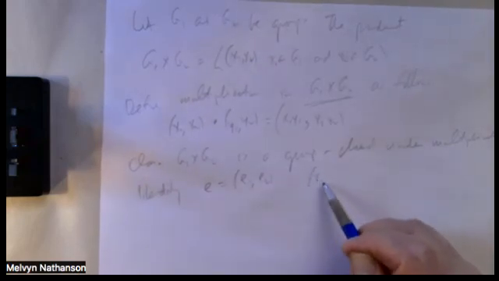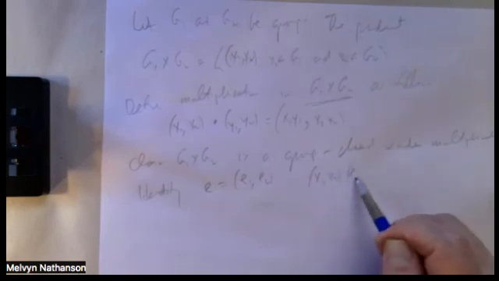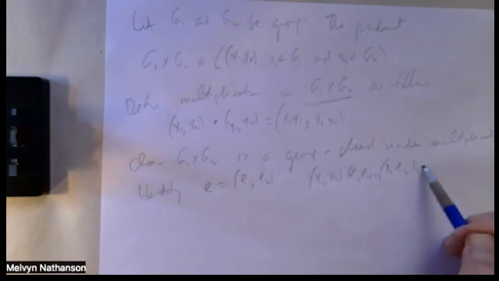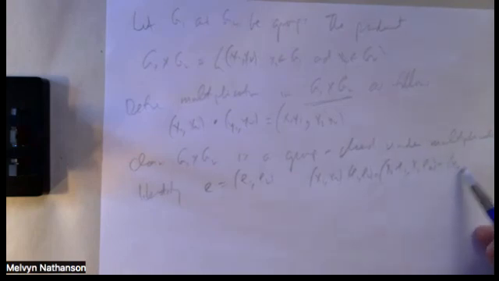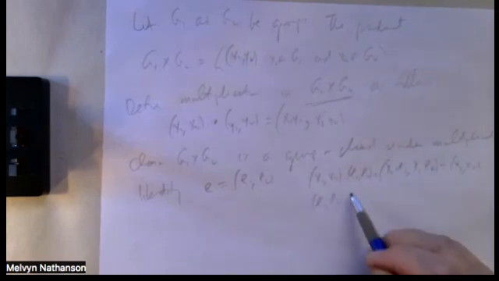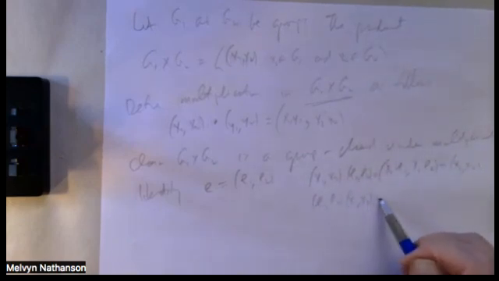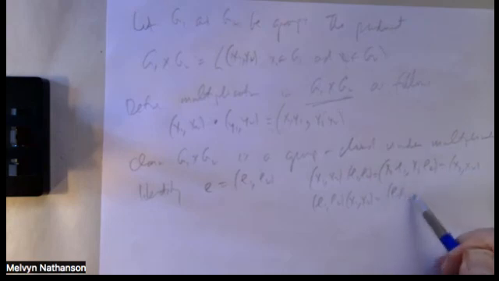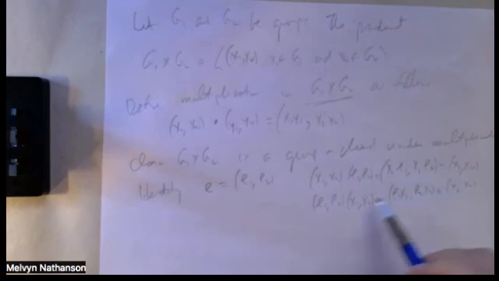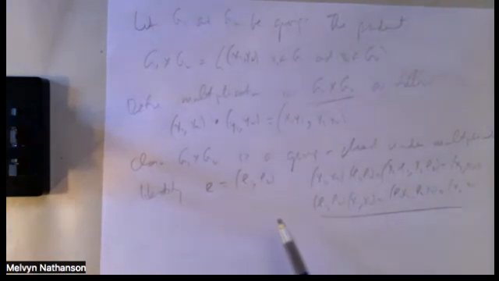Because if I have x1, x2 times E1, E2, that's x1 E1, x2 E2, which is x1, x2. And E1, E2 times x1, x2 is E1 x1, E2 x2, which is x1, x2. So this is the identity.